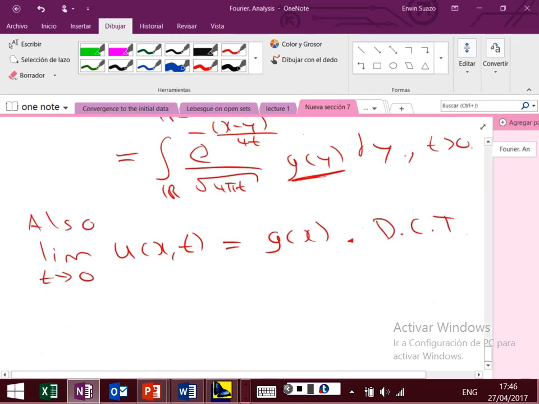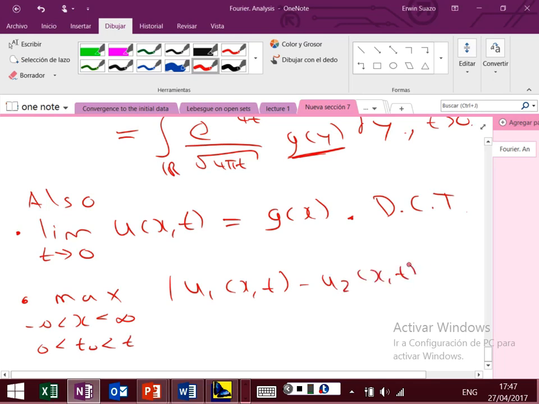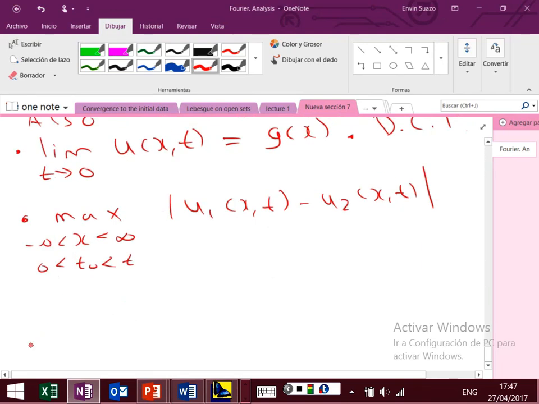Okay. Also, you can say, and this is kind of a stability, the maximum over x between minus infinity and infinity, t bigger than 0. So you take two different initial data. Okay, so you say, my initial data looks like this, and my other initial data looks like that.